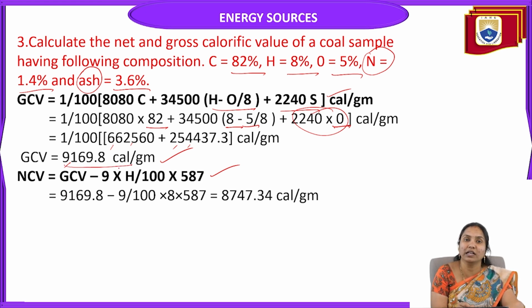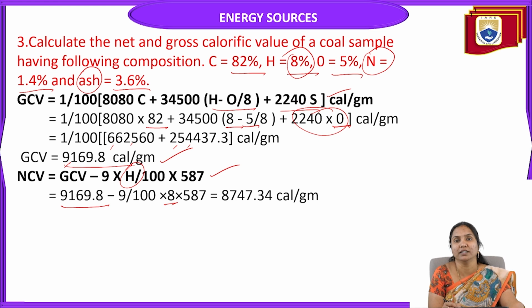What is the value of the gross calorific value of the given fuel? 9,169.8 minus 9 by 100 into hydrogen percentage, which is here 8 percentage.